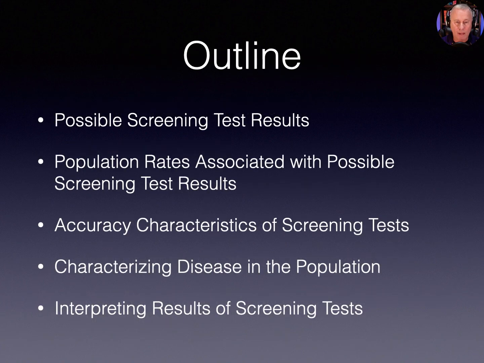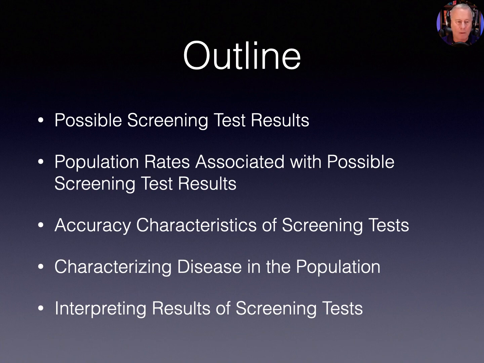Now, here's an outline of the topics that we'll be discussing. The first topic, possible screening test results. We'll then look at population rates associated with those results. We'll look at how to characterize the accuracy of screening tests. We'll also look at how to characterize disease in the population.